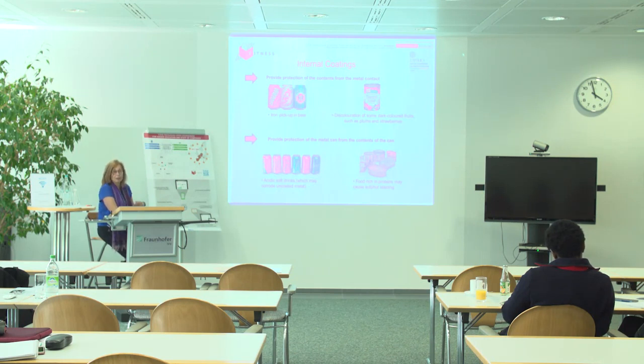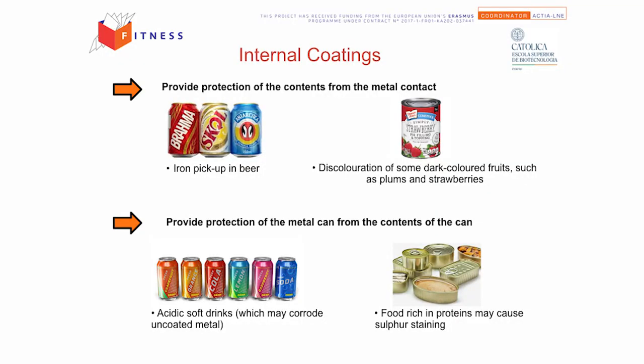And it also protects the can from the food itself, because some food, like acidic soft drinks like Coca-Cola, which is highly acid, or some food rich in proteins like the cases that I mentioned, can cause sulfur staining.